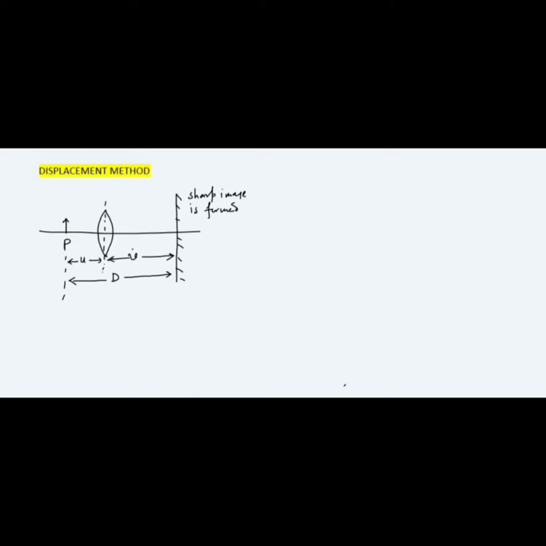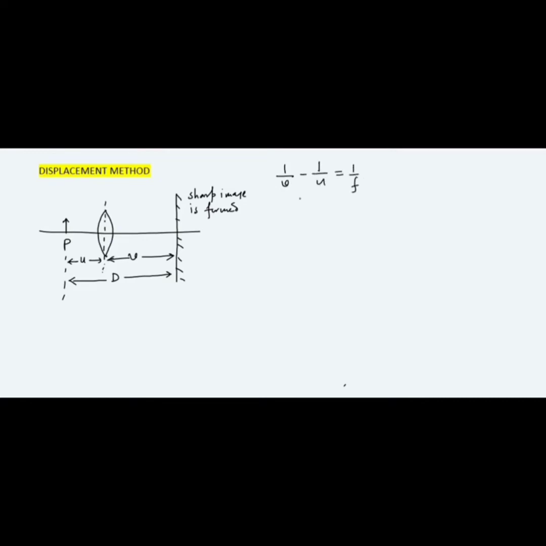So what can we do here? We can apply the lens formula. And what is the lens formula for us? 1 by v minus 1 by u is equal to 1 by f.